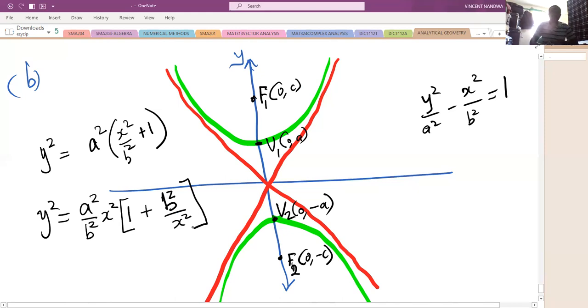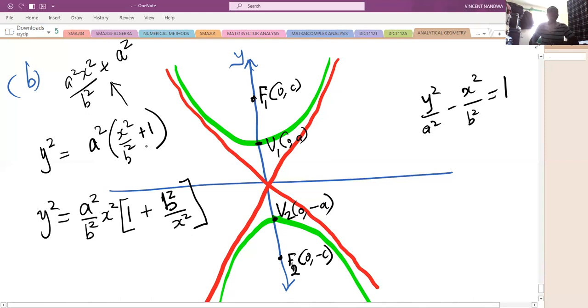I hope this will make sense. So when you open here, this is the same as a squared x squared over b squared plus a squared. So this is the expansion of this one here. And you see what I've written here is the same thing. When you open, I have a squared, x squared, b squared, and then b squared and b squared will cancel out, x squared and x squared will cancel out, so that I remain with a squared.